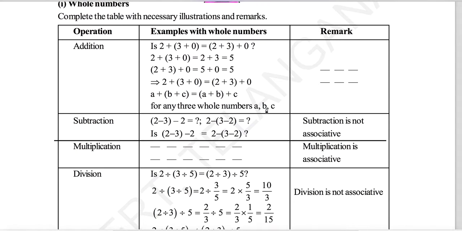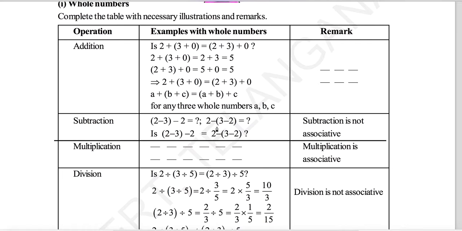What about subtraction? 2 minus 3 is minus 1, minus 1 minus 2 is minus 3.